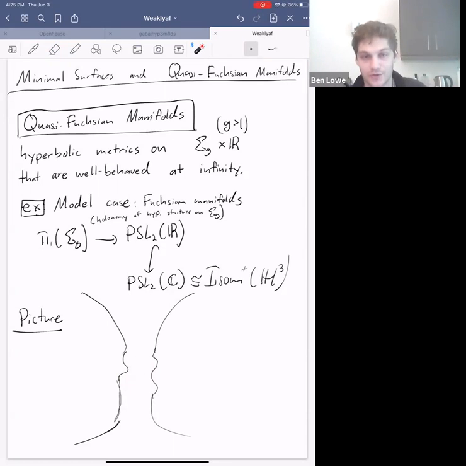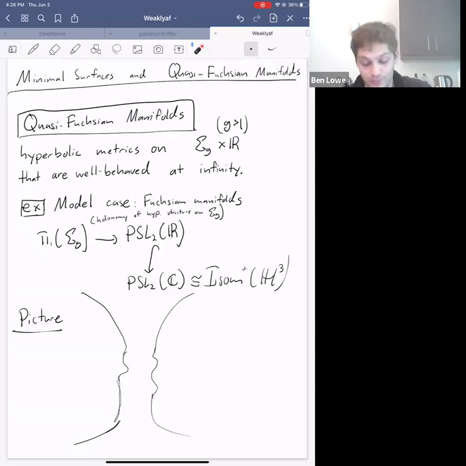There's a minimal convex set in the middle called the convex core, a canonical convex set, where you don't really know what's going on, but near the ends you have an exact idea of what's happening if you're quasi-Fuchsian.